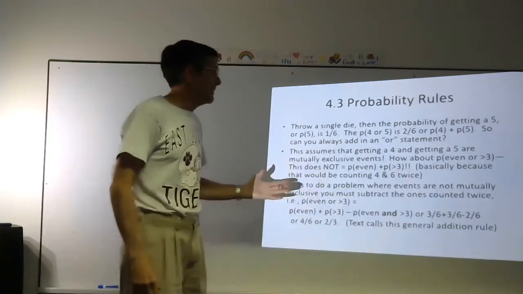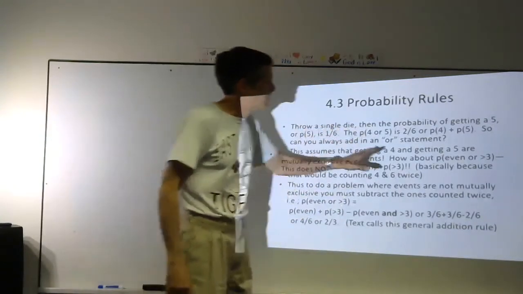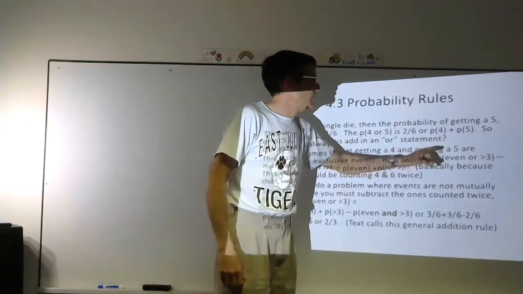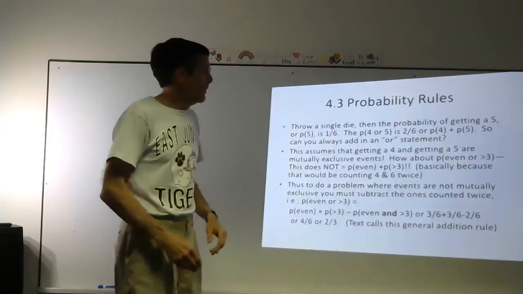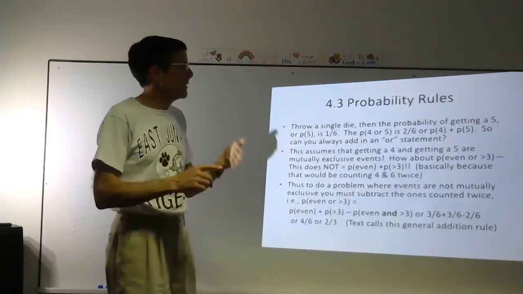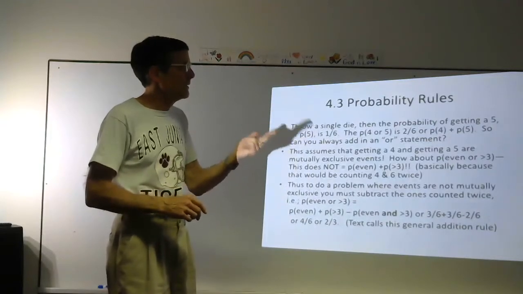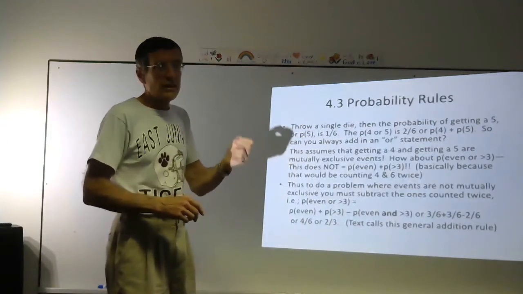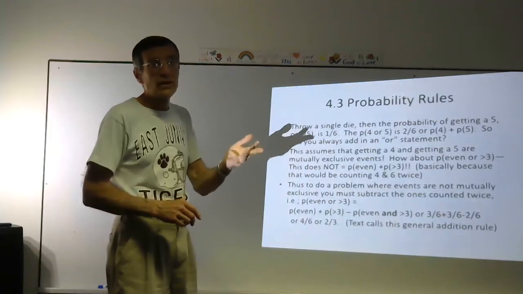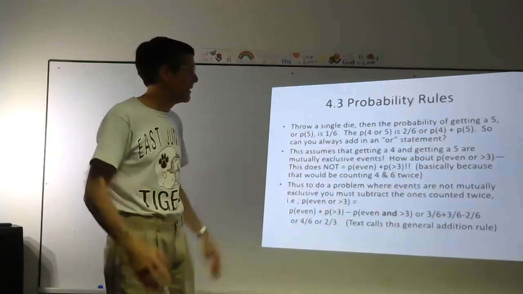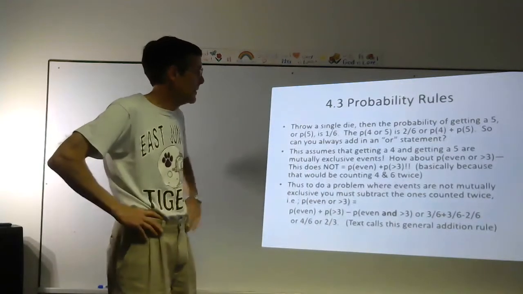But that's not right. The probability of getting an even number or bigger than 3 would be, evens are 2, 4, and 6. Bigger than 3 is 4, 5, and 6. That's just 2, 4, 5, and 6. That's 4 out of 6, and it's not 100%, okay?